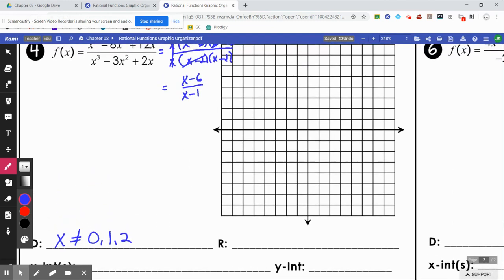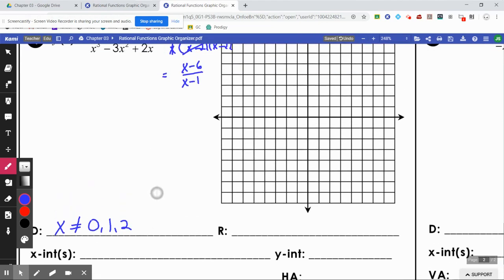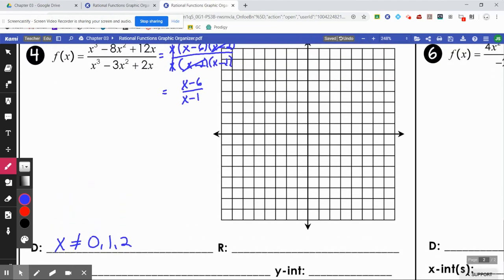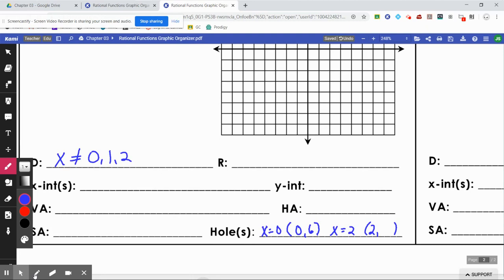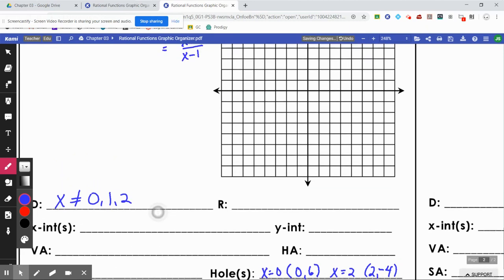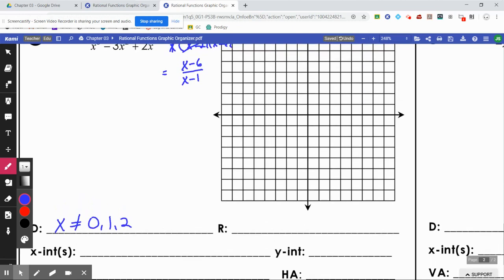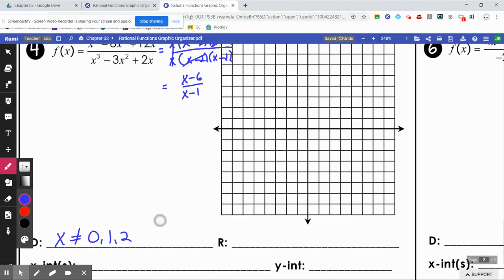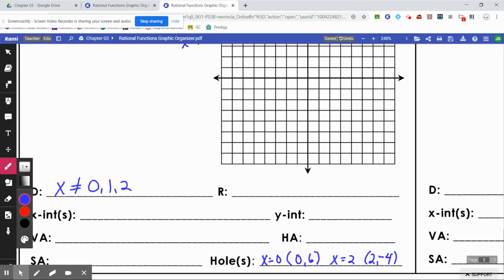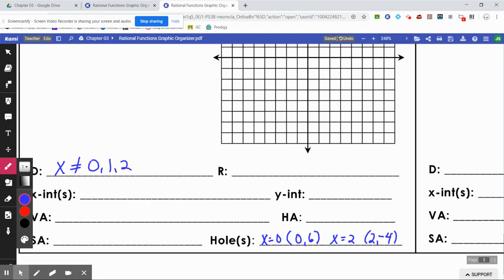When I plug in 2 into my function, I have 2 minus 6 is negative 4 over 1, which would give me negative 4. So therefore, I have a hole at (0, 6) and (2, negative 4). The other discontinuity, which was located at x equals 1, then must be a vertical asymptote.